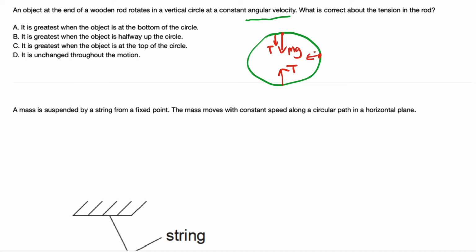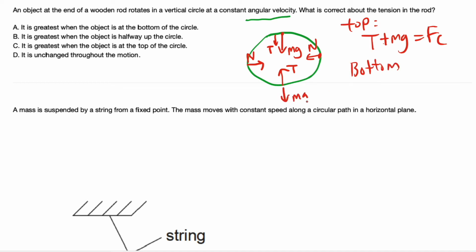And here the centripetal force is provided by the normal force, and here is also provided by the normal force. So we know that at the top, tension plus gravity is equal to centripetal force. And on the bottom, here is also a force of gravity. Tension minus gravity is equal to centripetal force.